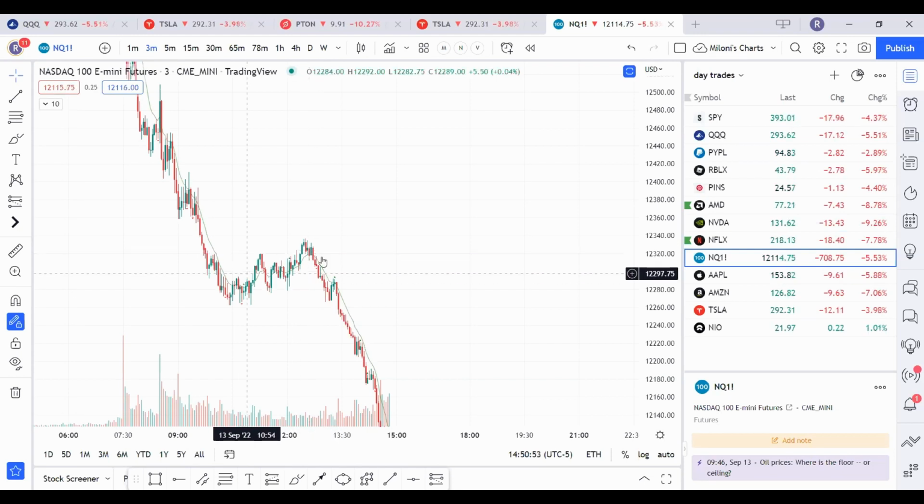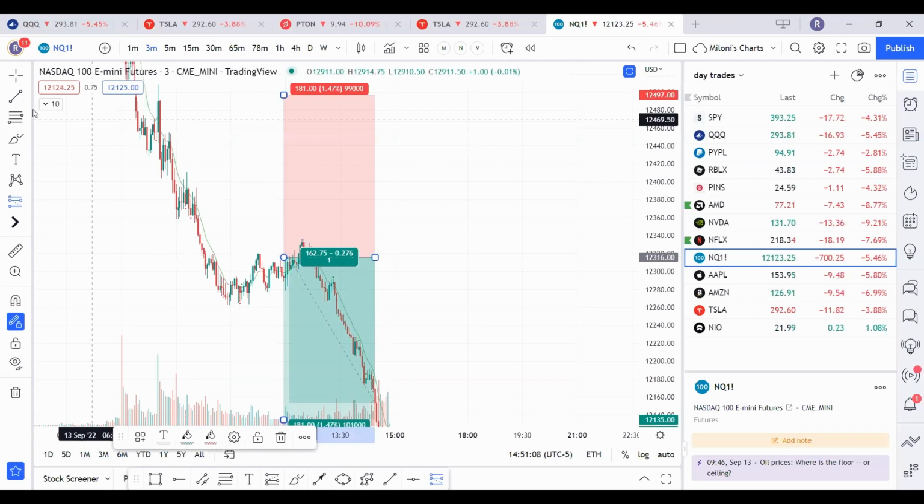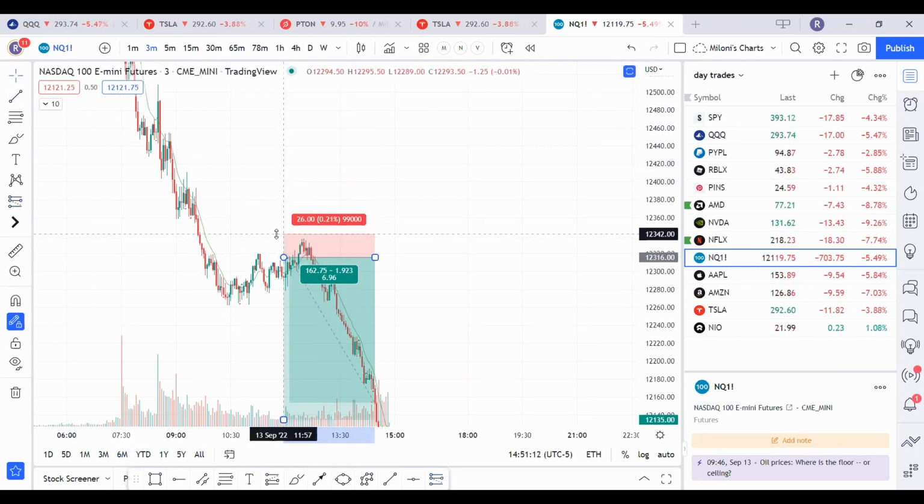Now, I want you to think about this scenario. Here's our low, and here is our entry right over here at this point. Let's put our short position on and think of the risk to reward scenario in this case.